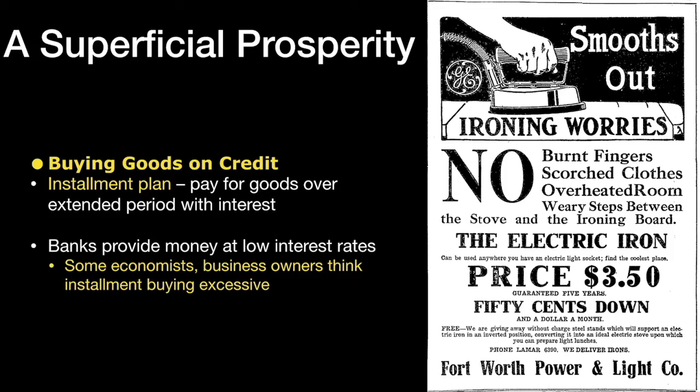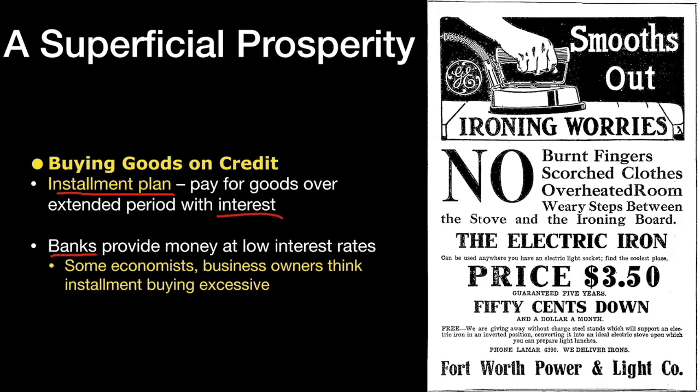This is how they make their money, by that interest. This is why banks give you money to buy stuff. So what I just described here is an installment plan. I pay X amount of money every single month for my goods until they are paid off completely. So interest is how the banks make their money.